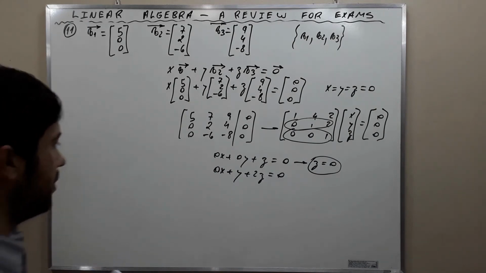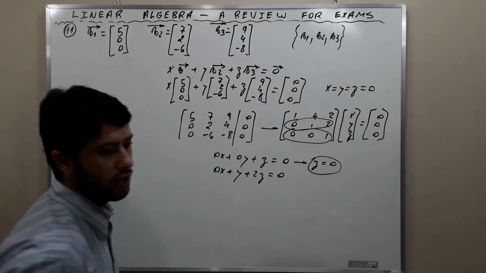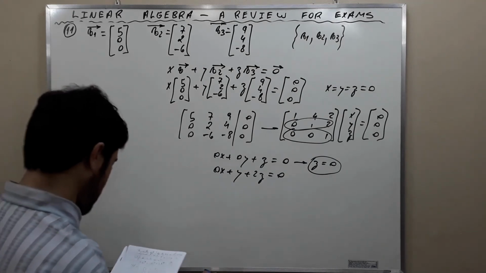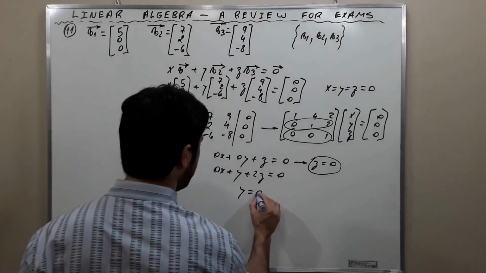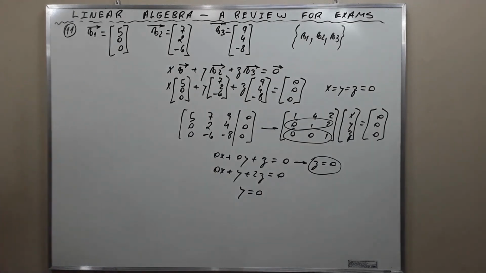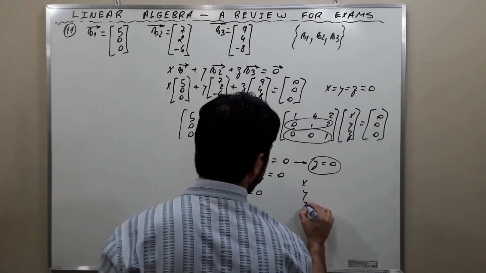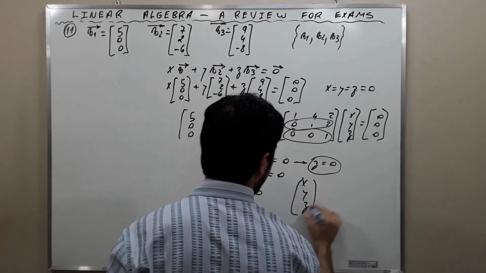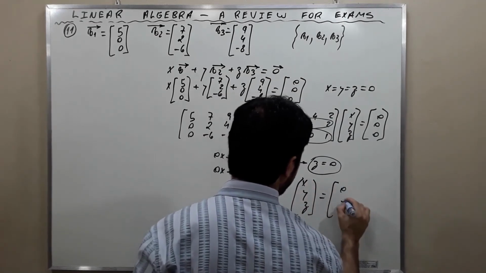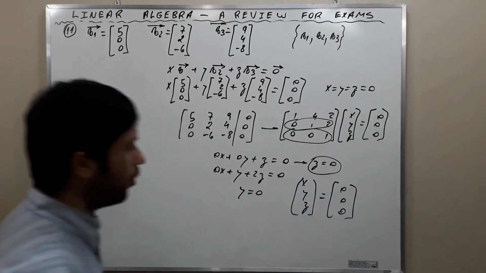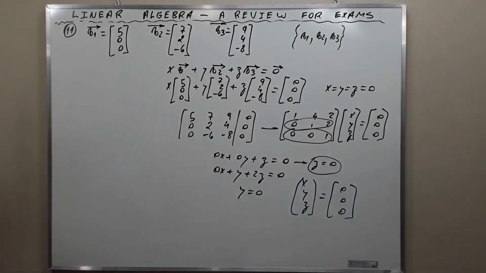The only possibility then for this equation to become 0 is to have y equal to 0 here. Okay? Therefore, the only possible solution is the trivial solution. x, y, z equal to 0, 0, 0. The only possible solution is the trivial solution.